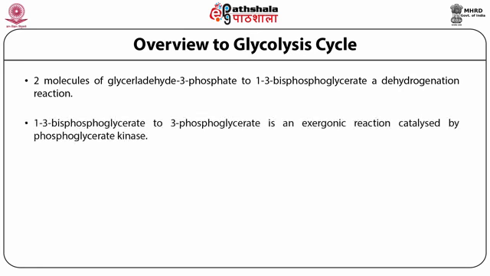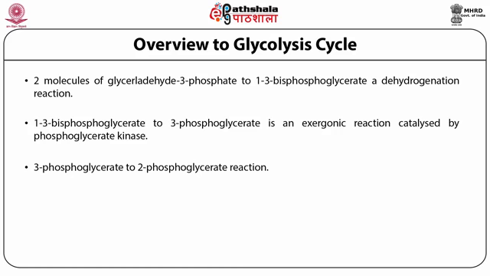This is eventually converted to 3-phosphoglycerate in an exergonic reaction, which is catalyzed by phosphoglycerate kinase. The high energy bond in 1,3-bisphosphoglycerate is hydrolyzed to a carboxylic acid and the energy liberated is used to form an energy-rich compound like ATP from ADP. 3-phosphoglycerate to 2-phosphoglycerate is where the phosphate group shifts from the third position to the second position.